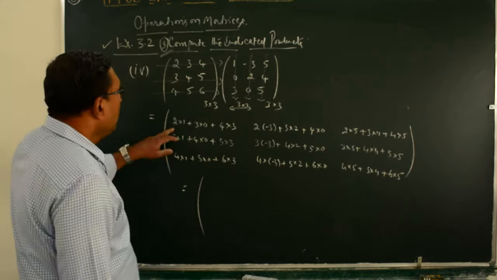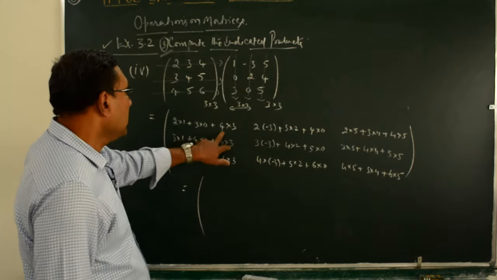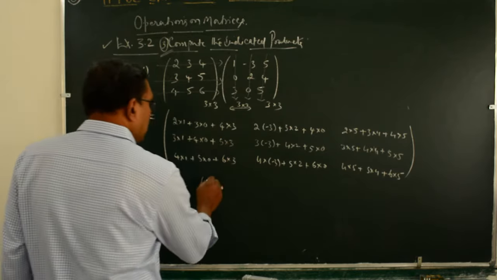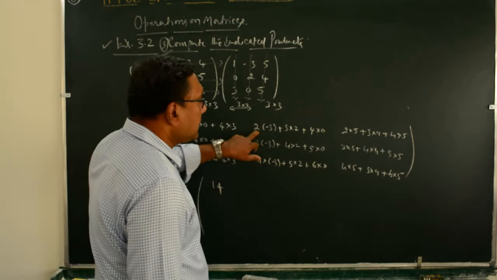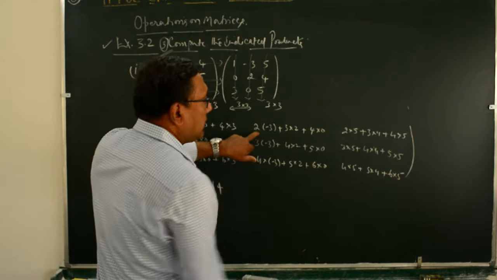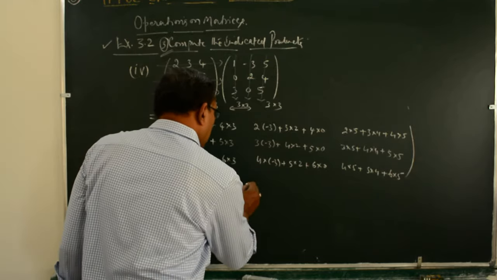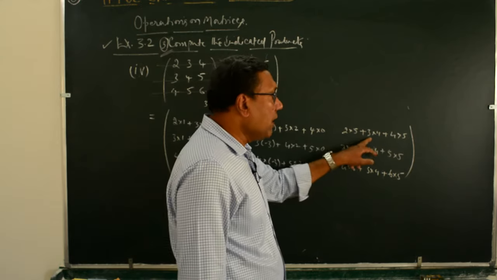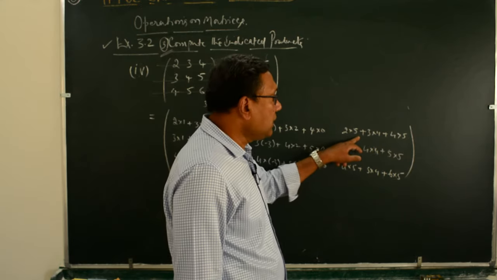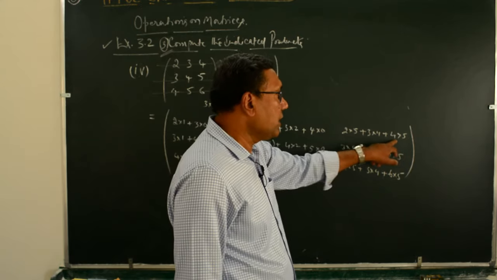2 ones are 2, 4 threes are 12, 12 plus 2 is 14, minus 6, 3 twos are 6, and this is 0. And here 2 fives are 10, 3 fours are 12, 12 plus 10 is 22, 22 plus 4 fives are 20, 42.